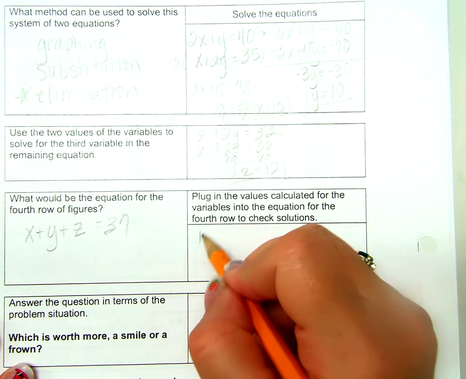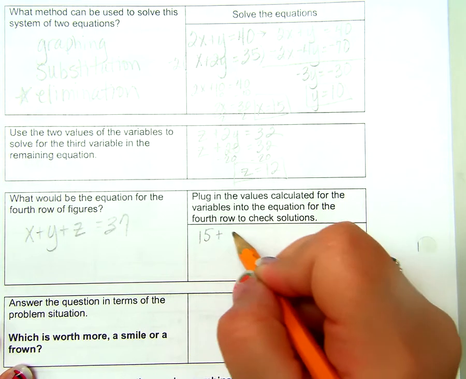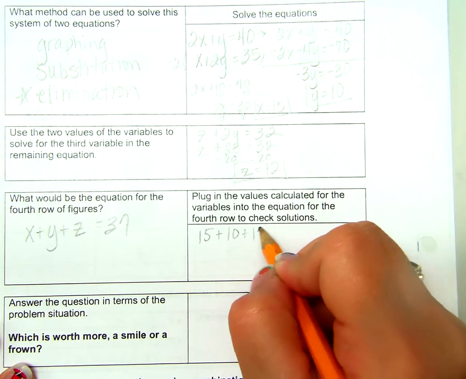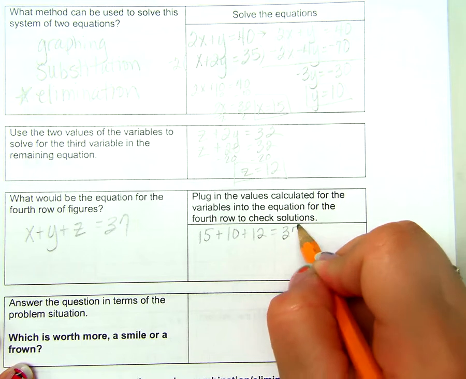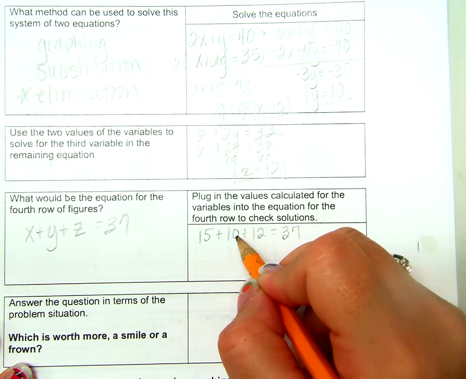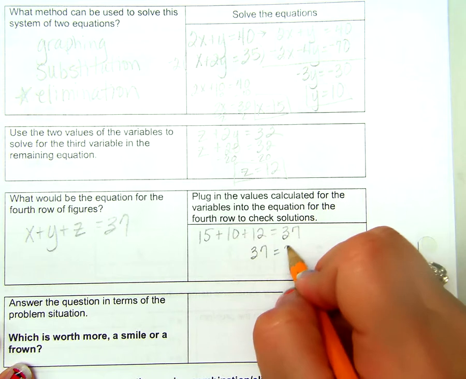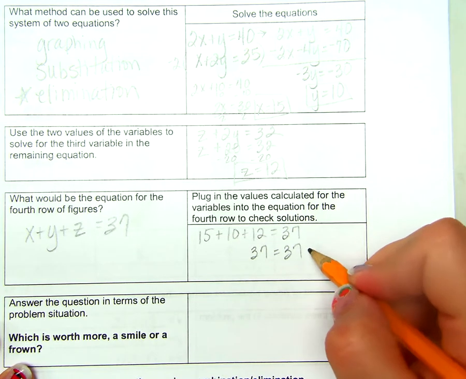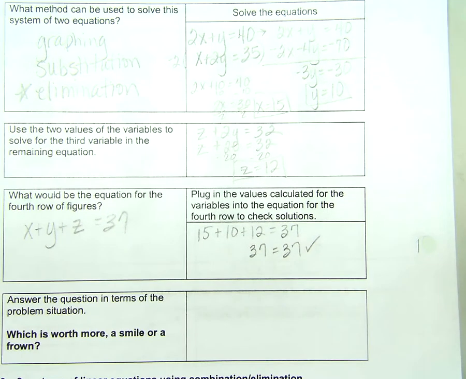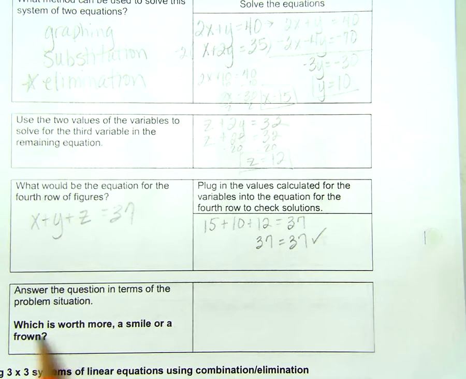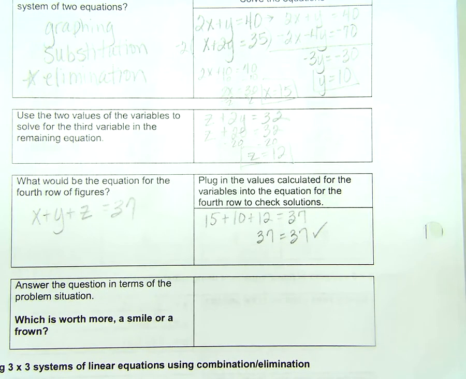Well, x is 15, y is 10, z is 12, equals 37. 15 plus 10, 25 plus 12, does 37 equal 37? In my universe, it does. Now answer this question. Which is worth more, a smile or a frown?